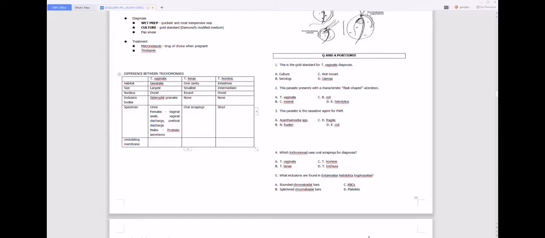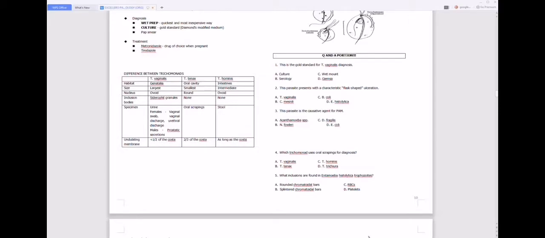You can add another box or another space below for this. The undulating membrane for Trichomonas vaginalis is less than 1/2 of the costa. For Trichomonas tenax, it is 2/3 of the costa. For Trichomonas hominis, it is as long as the costa.